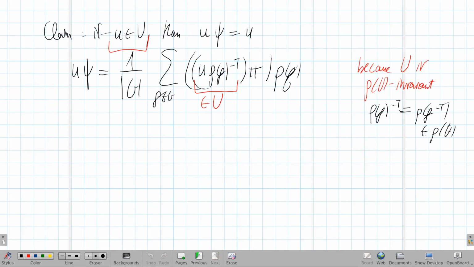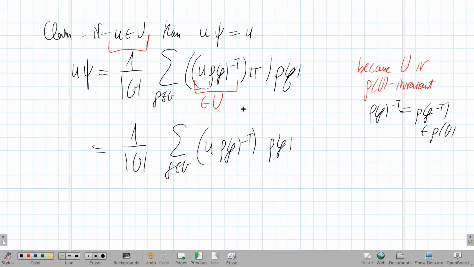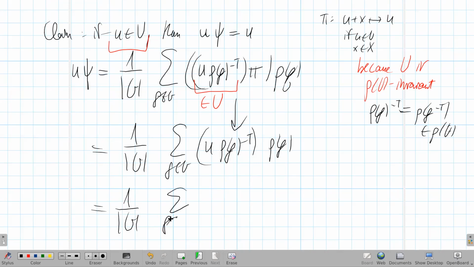So once you apply pi to this element of U, you get that same element, because pi sends U plus X to U, if U is in U and X is in X. And of course, here you have rho G inverse and rho G, so this is 1 over G, and then the sum over G in G of U, because rho G inverse and rho G cancel out.